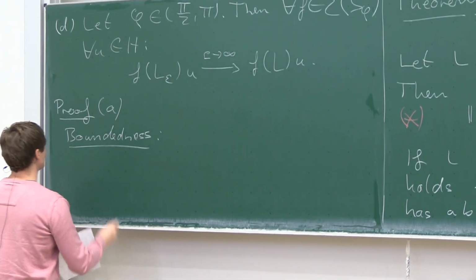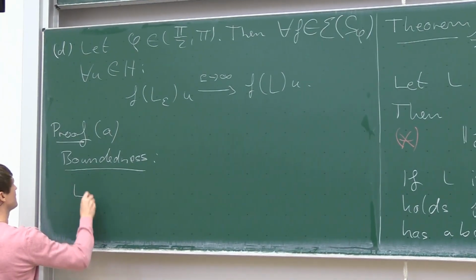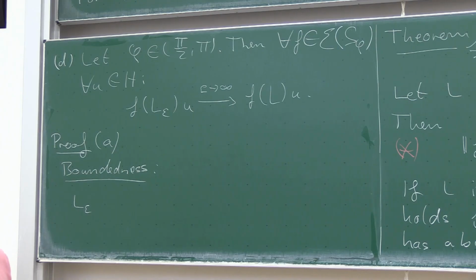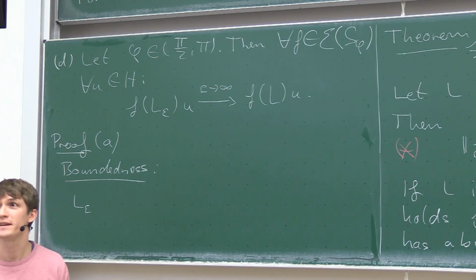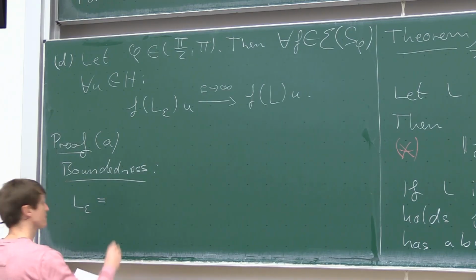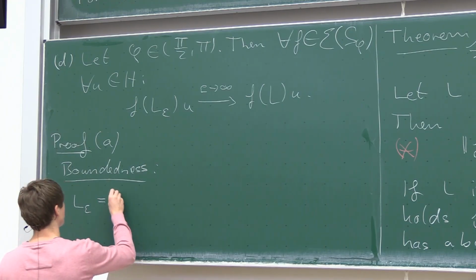For the boundedness, you can see essentially by the functional analysis we did in chapter 1. Namely, we apply a closed operator to a bounded operator, and the bounded operator maps into the domain of L, and then by the closed graph theorem, it's bounded essentially. But you can also calculate it as follows, and we will need this calculation then for the accretivity statement, so I will do it anyways.